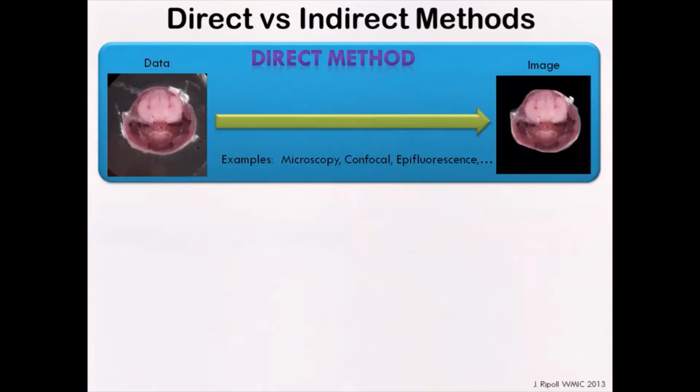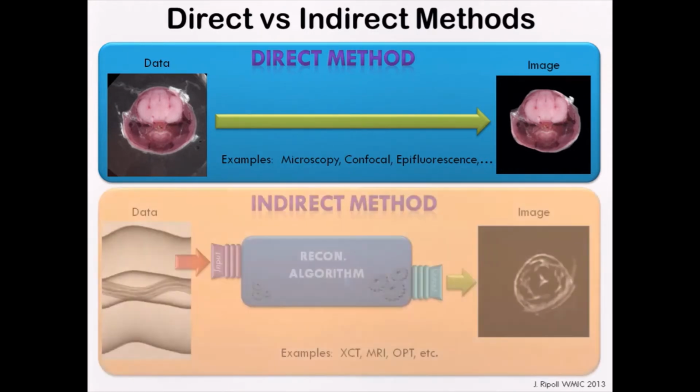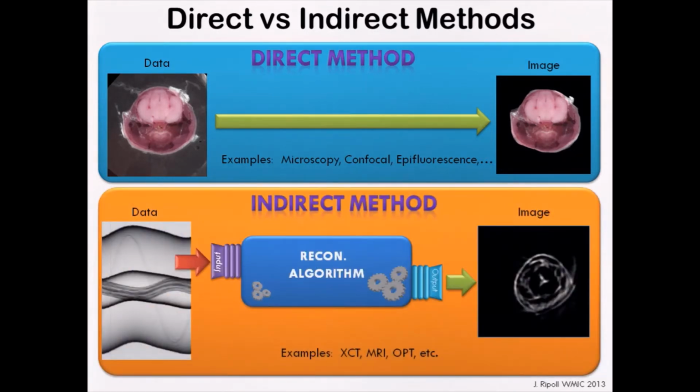So there are two ways of dealing with this. What I presented is that depending on the amount of scattering, you can measure directly an image, or you need to use some reconstruction for this. So you can separate imaging methods in two types. Direct methods are the ones where it's a photograph. I mean, there's a direct relationship between your measurement and your image. Or indirect methods, where you need to do a reconstruction in order to obtain an image.